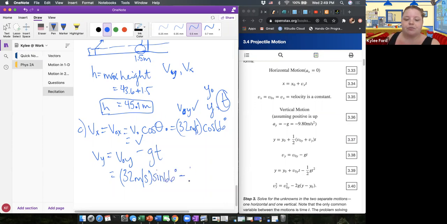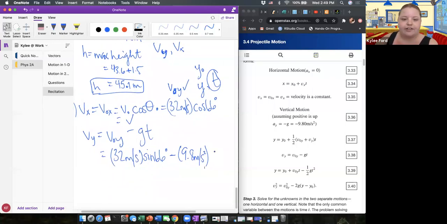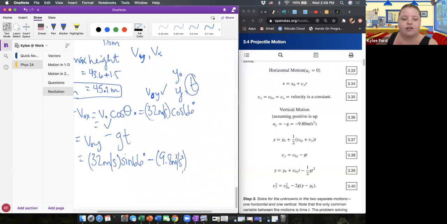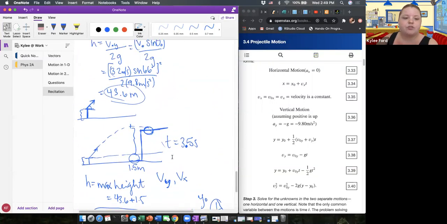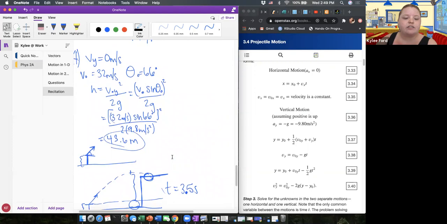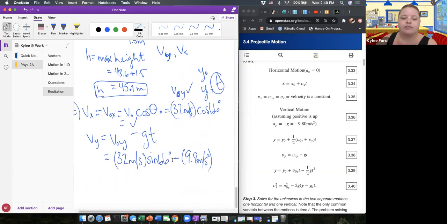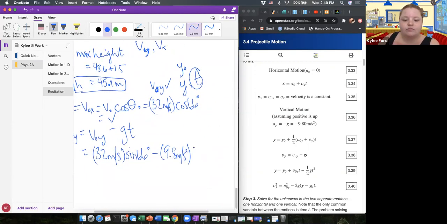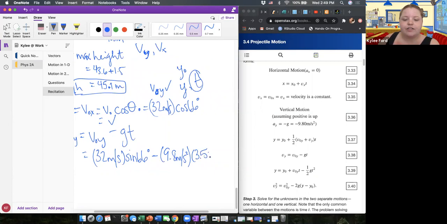That would have been a big boo-boo. See what happens when you try to go too fast through these things. Okay, and then g times our time, which was 3.5 seconds. And then we can solve for that one.